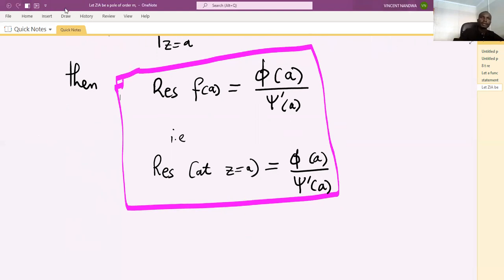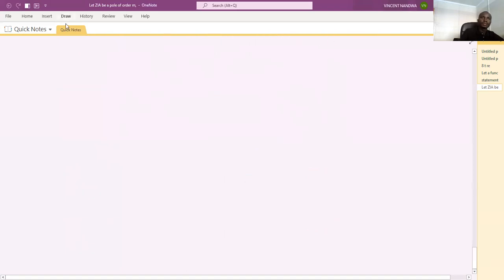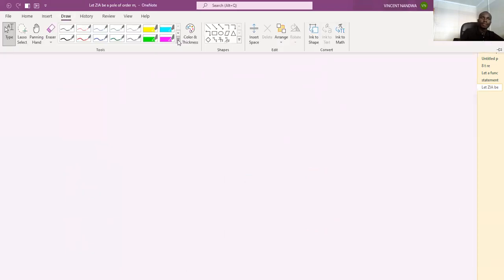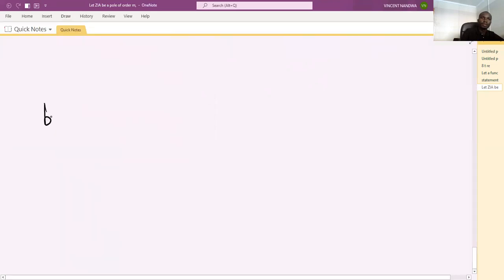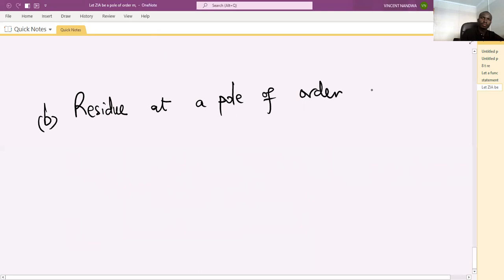And then B, another method of finding residues, residue at a pole of order n. So let's see how you find residues of a pole of order n.